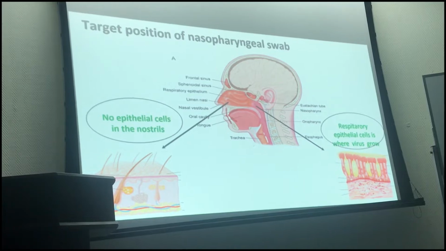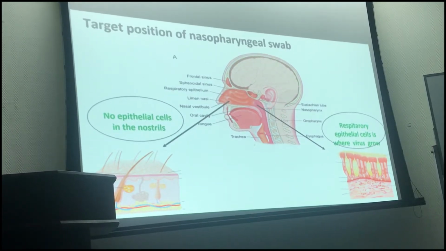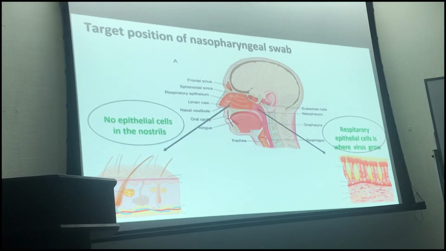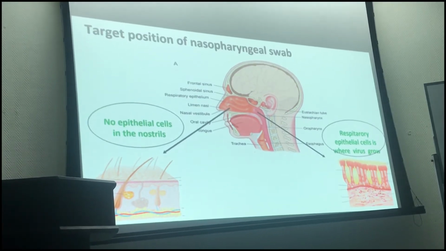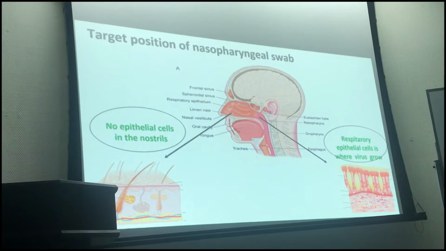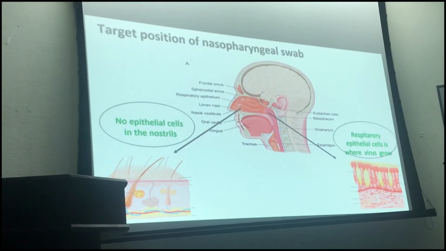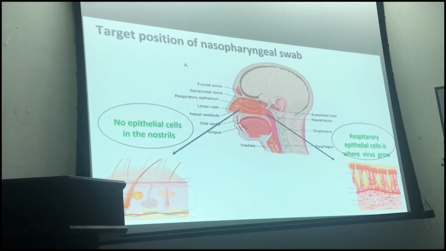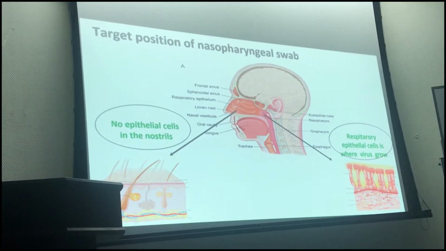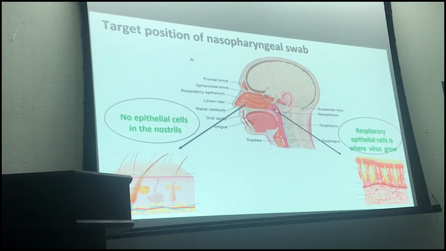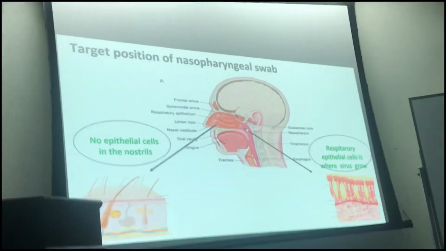There is no respiratory epithelium, and the most concentrated part in the nose that contains the respiratory epithelium, where the virus usually enters the body and grows, is the nasopharynx. This is the nasopharynx. This is where we want to reach.